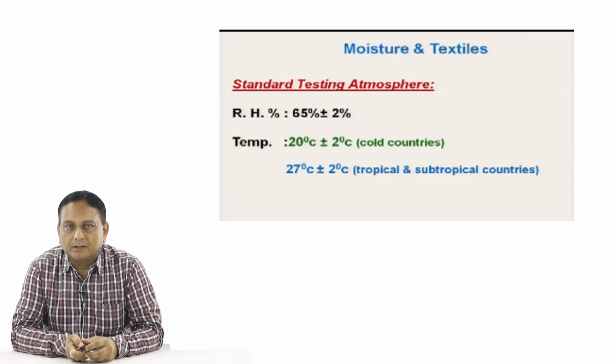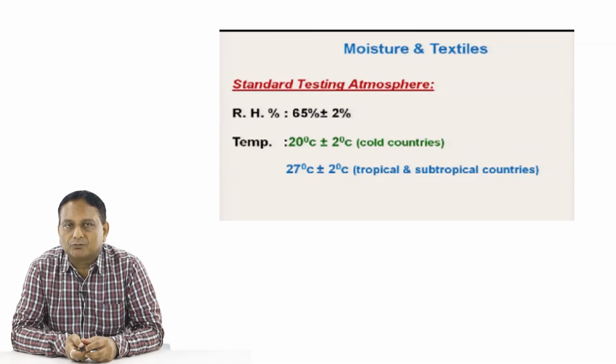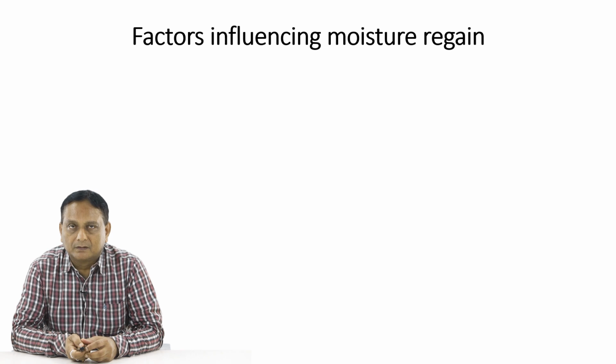Temperature in the cold countries, that is the temperate zone, is 20 degrees centigrade plus minus 2 degrees centigrade, and in tropical countries 27 degrees centigrade plus minus 2 degrees centigrade. So that is the standard temperature and humidity. For any kind of experimentation with the fiber, or testing, or processing, this testing atmosphere plays an important role, that is the standard atmospheric conditions.